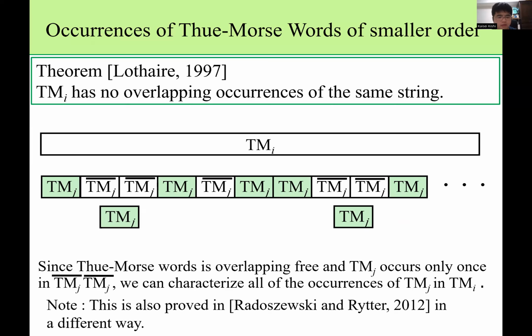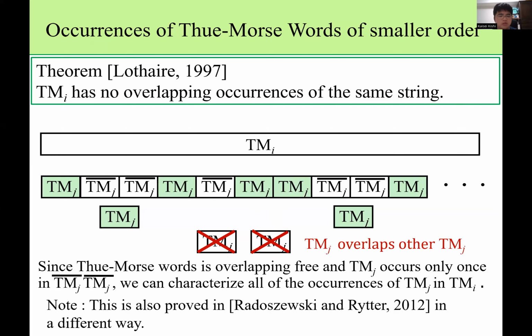For example, TMJ might occur in here, but this cannot be because TMJ is not equal to TMJ bar. Also, TMJ could occur within the other TMJ, but this cannot be because this TMJ overlaps with the other TMJ.